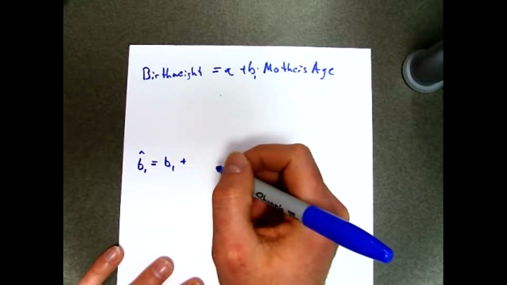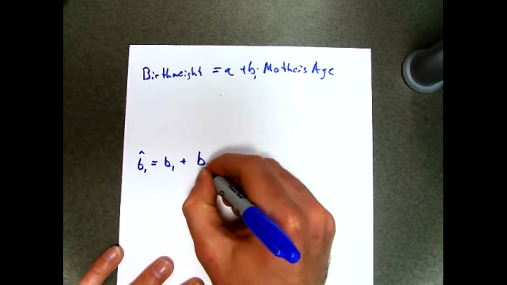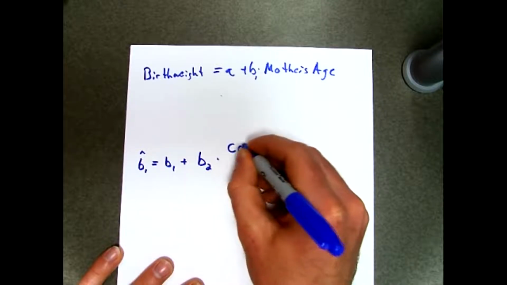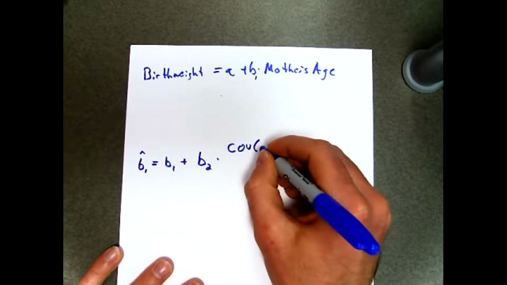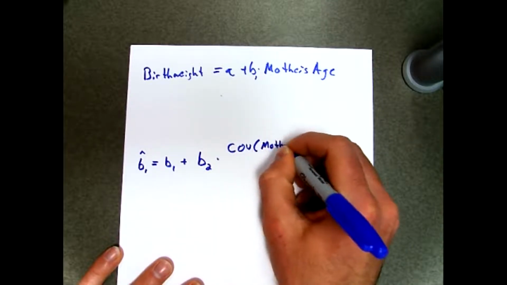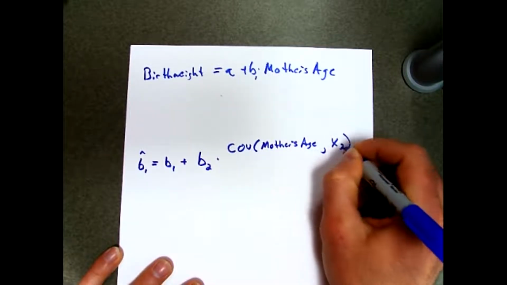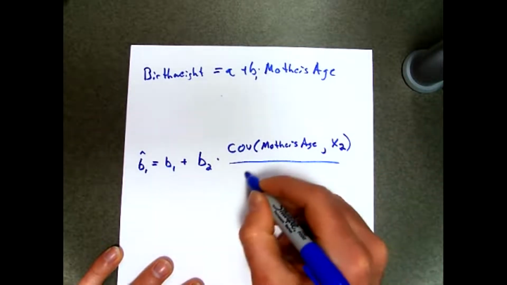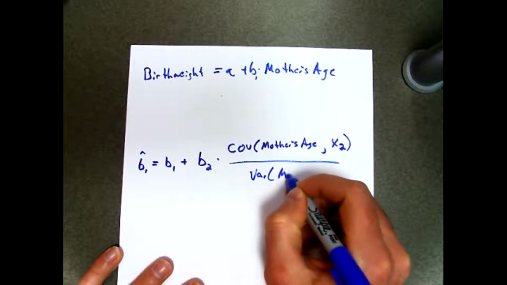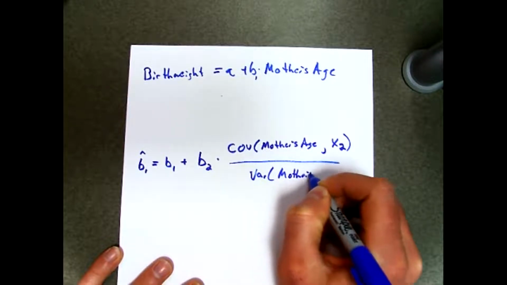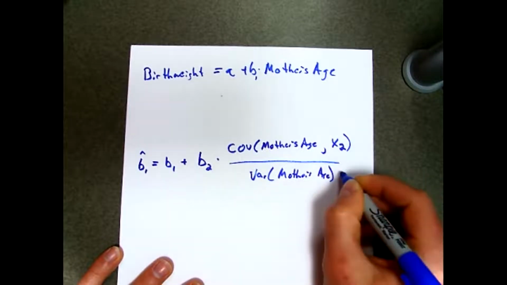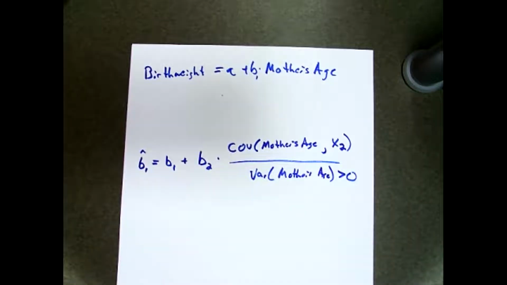I'll show you where it's at in the formula sheet in just a second, but this bias will be something like the covariance of mother's age and some other variable that we left out, divided by the variance of mother's age. Well, variances are always positive.